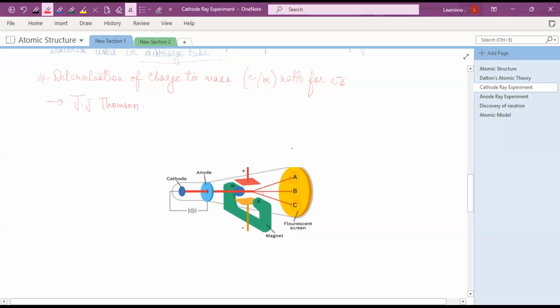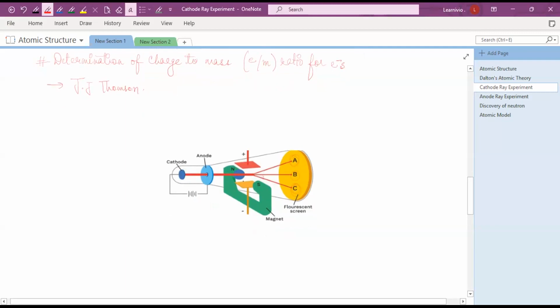So these fields were acting perpendicular to one another as well as the path followed by electrons. This is the path followed by the electron, right? This A, B. So according to Thomson, what happens? The amount of deviation of particles from this path in the presence of electrical and magnetic field depends on some factors. We will see what those factors are.